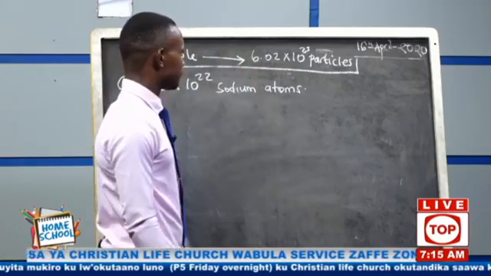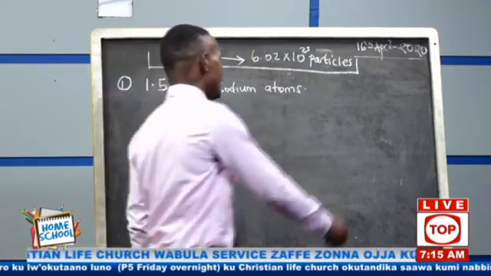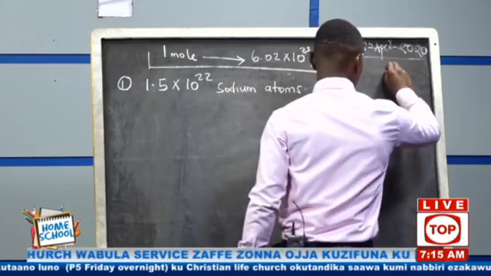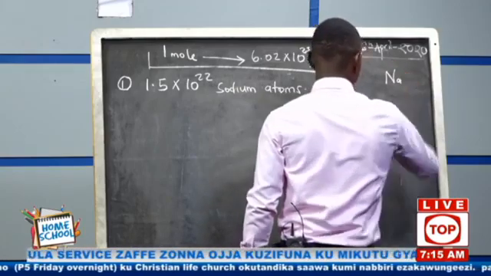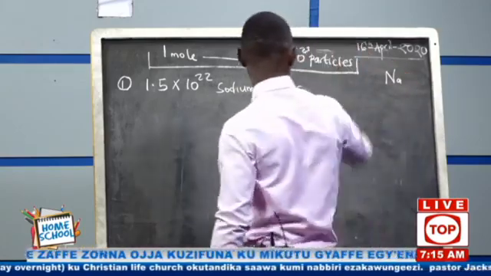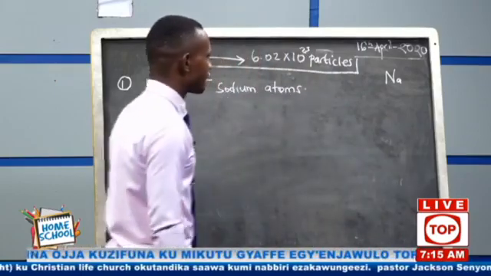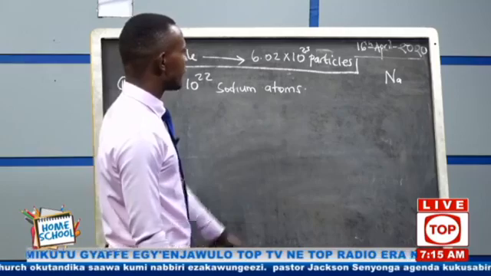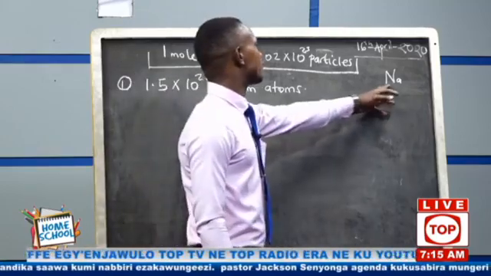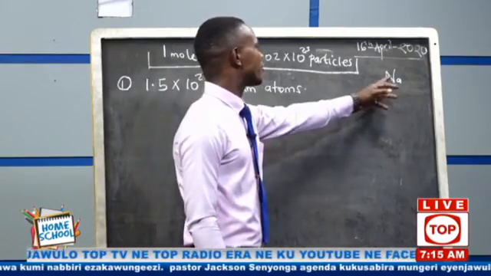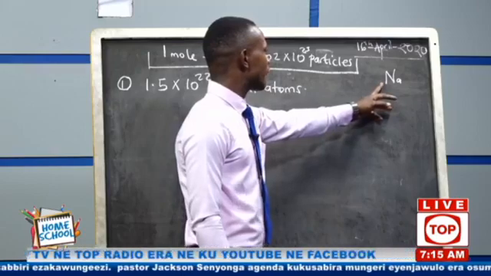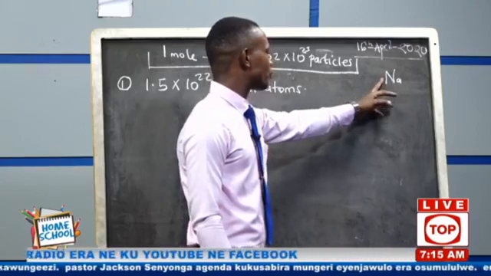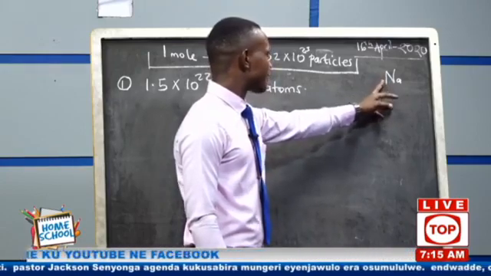If I write sodium there and ask you, how many moles of sodium are there? You definitely say it is 1. Everyone can see it. I don't need to put 1 here, but if there are 2, I need to put 2. If there is nothing here, that means it is 1.